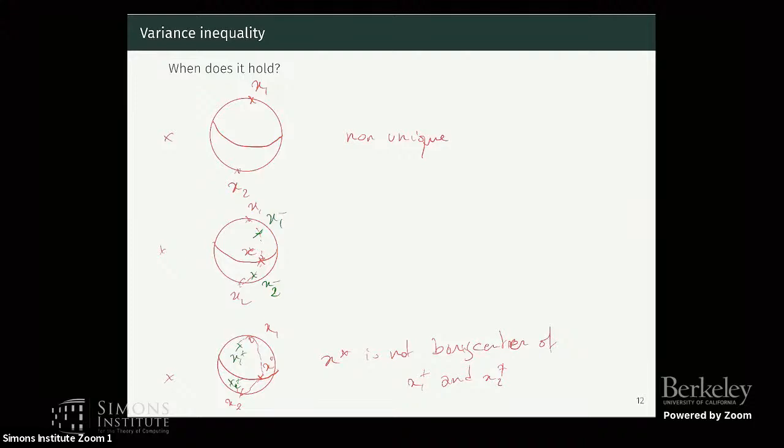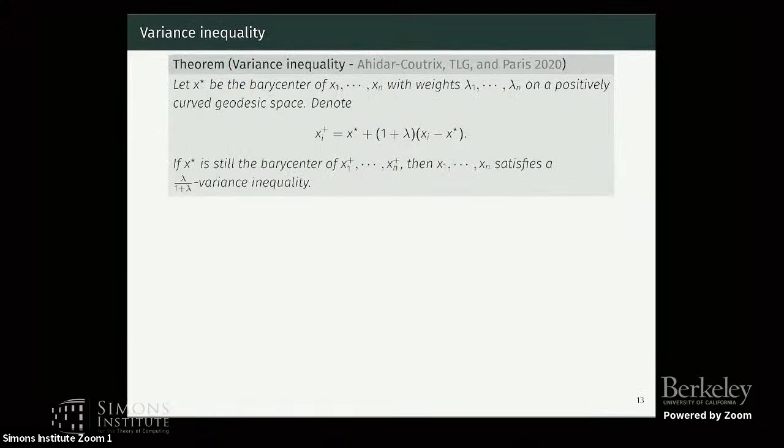This is not a proof, but this is the intuition behind why the following theorem is true: when I have x star the barycenter of points x1 to xn with weights on a positively curved geodesic space, just like the sphere, if I push them away from x star by a factor 1 plus lambda, I end up with my xi plus that I defined here.